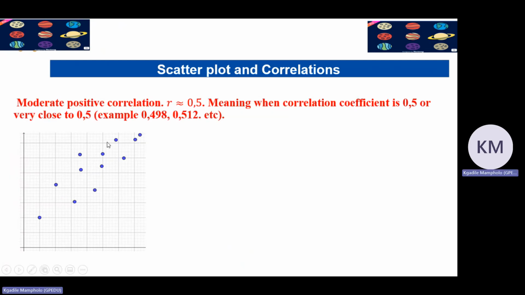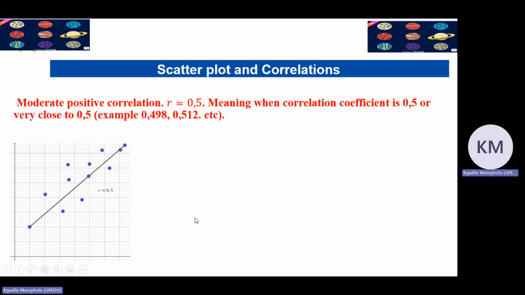Now, in these plots, they are not that close, but you can still see that as the variable on the horizontal axis increases, the variable on the vertical axis also increases. If we draw a line, you can see that there are some plots far from the line of best fit.